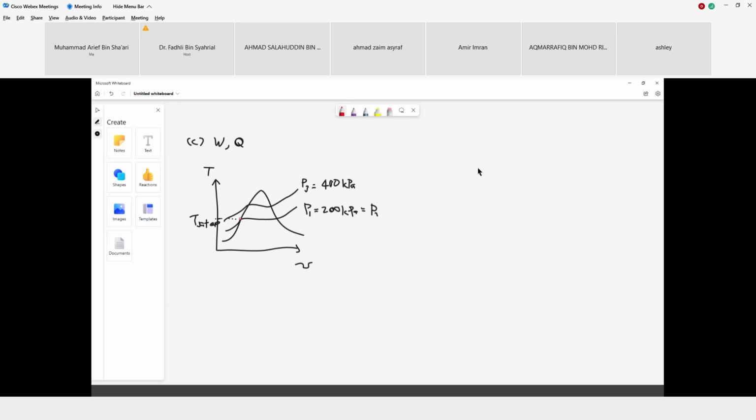First state is here, saturated liquid, state 1. State 2 is somewhere here. State number 3 is located here. Pressure 400 kilopascal.